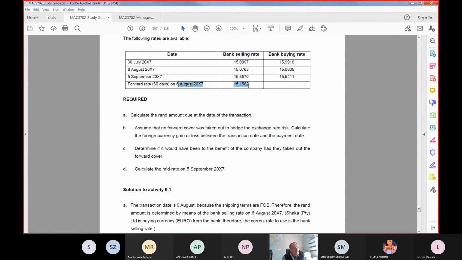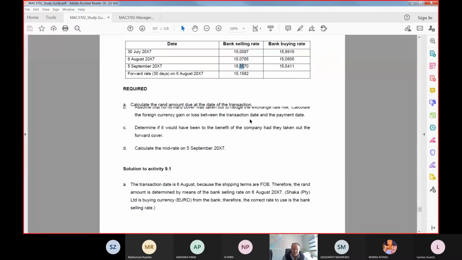FEC is usually more expensive than the spot rate. The spot rate is 15.07, the FEC is 15.15. But if they kept it at the spot rate, no FEC, when they do pay it they pay at 15.55, even more expensive. So you can see here, the FEC will be a benefit compared to paying without FEC.